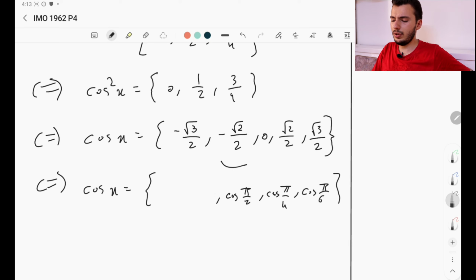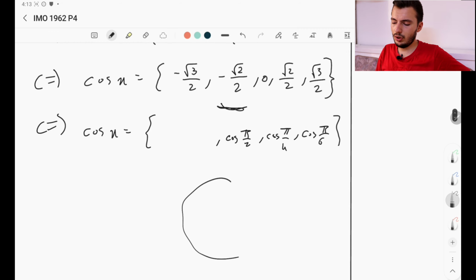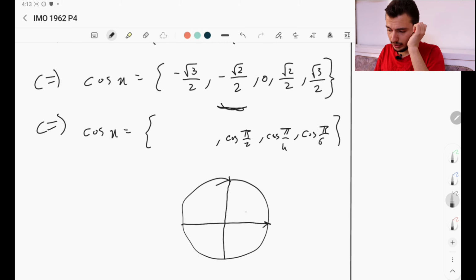Okay, what about this? Well, this is just cosine of, like, pi. Imagine you have the unit circle and you have the cosine here. If you know that this is cosine pi over 6, right? If you take this one here, this will be the negative value for it, right? So how can we get this? The angle of this is just pi minus this angle.